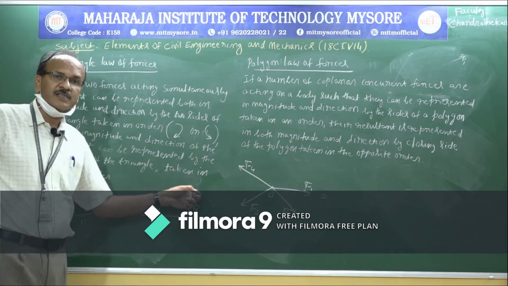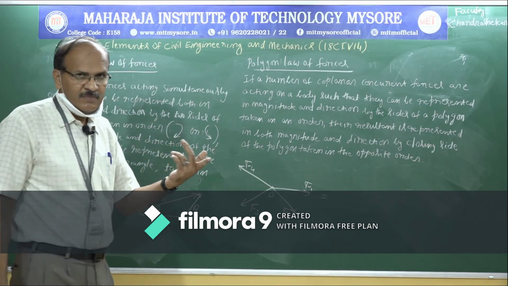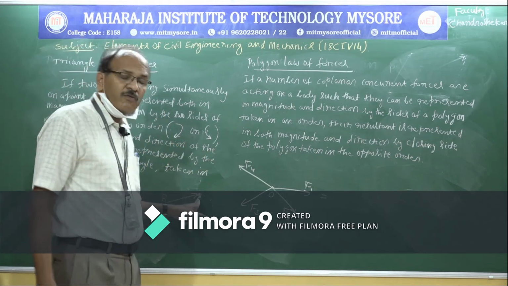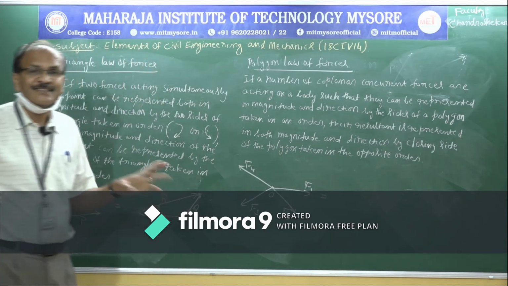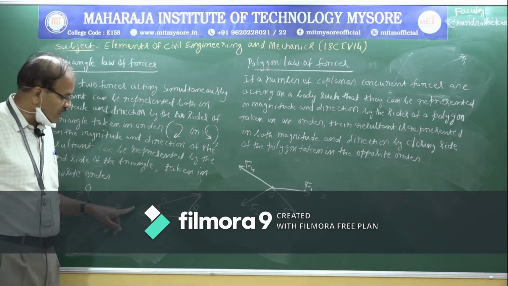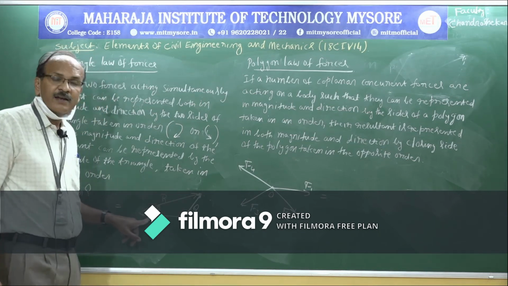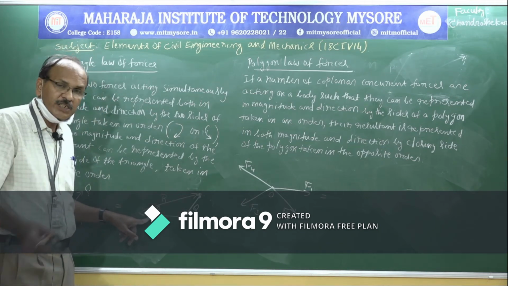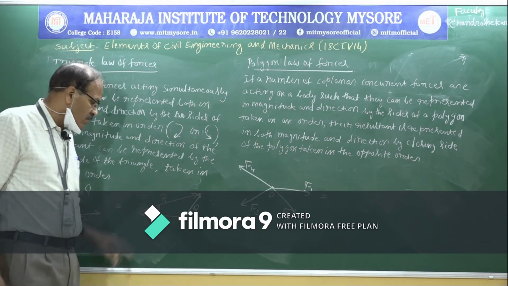Measure this, say for example this is 12.5 centimeter. That means it is 12.5 multiplied by 10, 125 kilonewton is the resultant of these two forces, and this is the direction in which the resultant is acting. And if you measure the angle on a drawing sheet, this is the angle the resultant makes with respect to the force P.